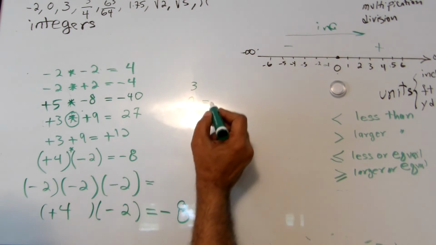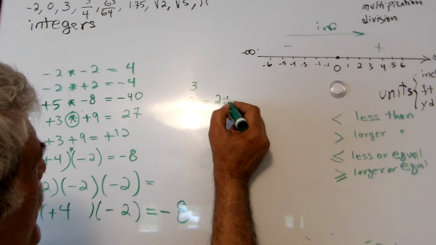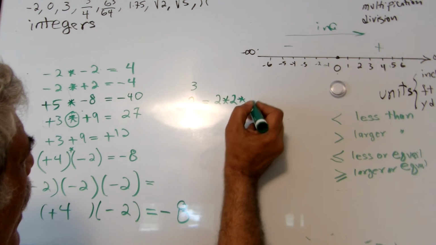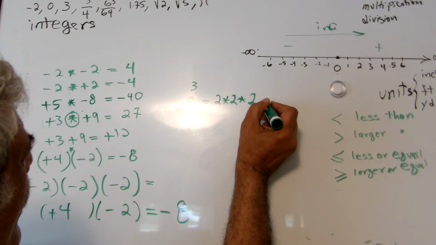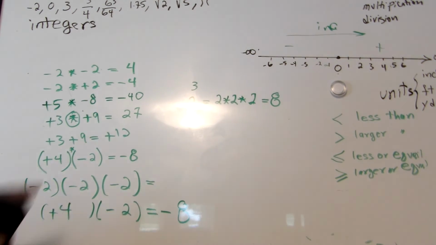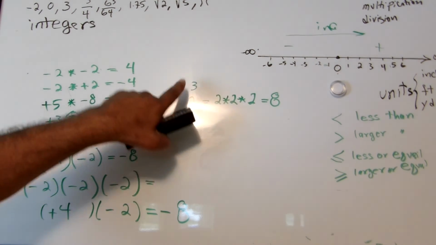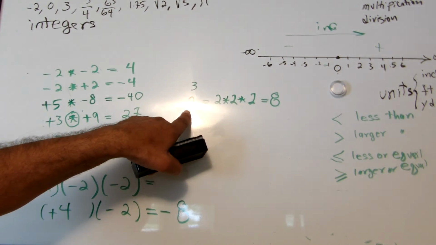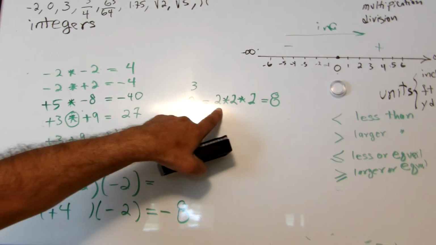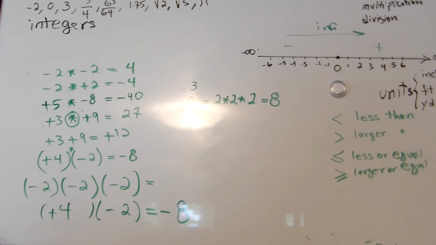It means you multiply 2 three times, which is 8. The base is going to be multiplied by the number of the exponent. The exponent is 3, so you multiply 2 three times.